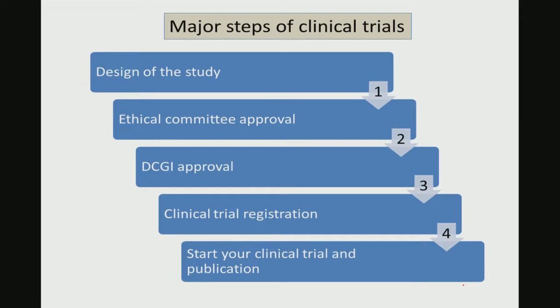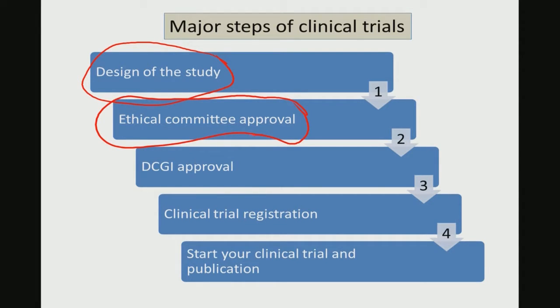So, essentially clinical trials are scientific experiments involving human subjects to establish the efficacy of a certain biomedical treatment using drugs or biomedical devices or implants. The first step is the design of the study, which is to be finalized with the help of the clinicians. The second is the ethical committee's approval.